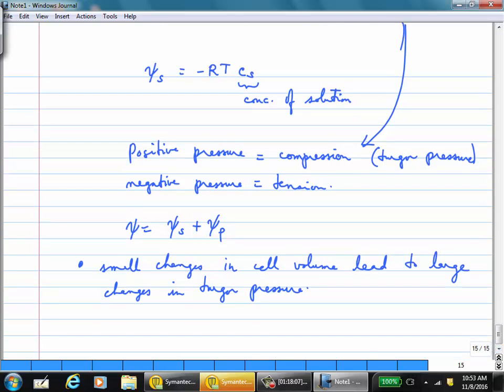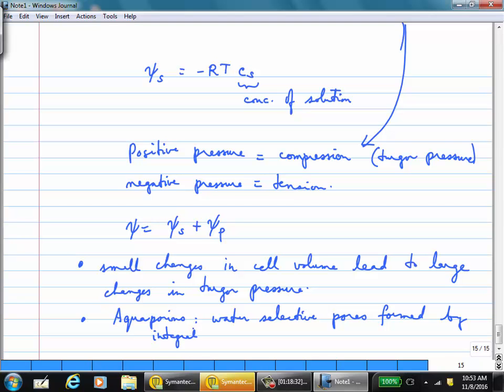Also there are some membranes that have aquaporins, which are water selective pores formed by integral transmembrane proteins.